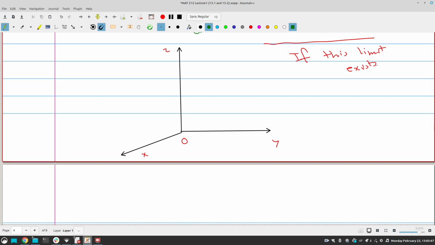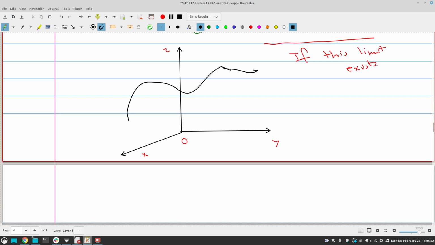I'll plot it in black. This is r(t). This is r of, let's say, t plus h.